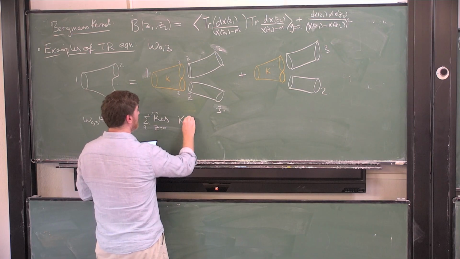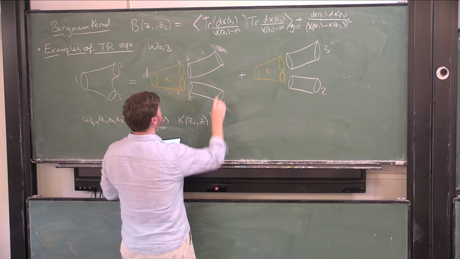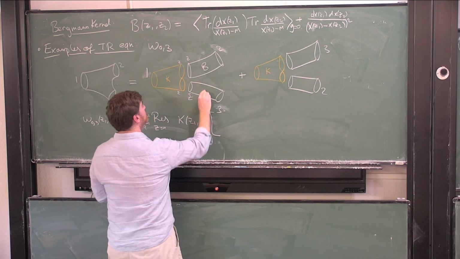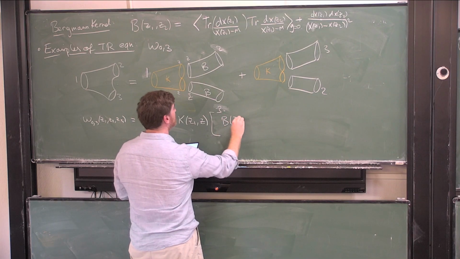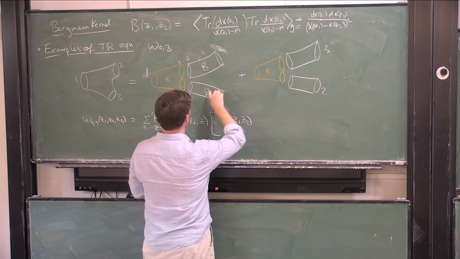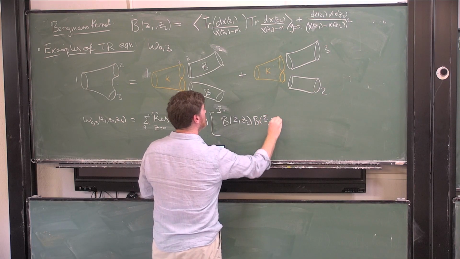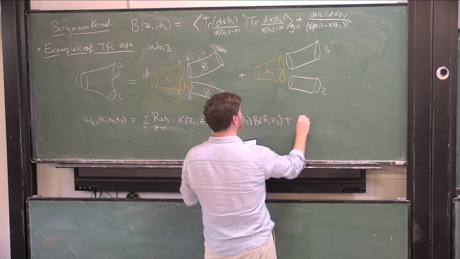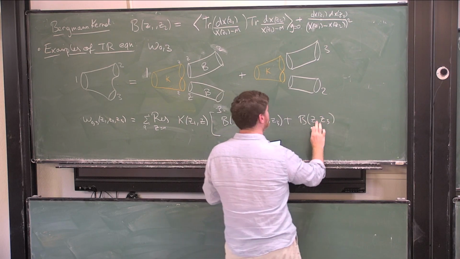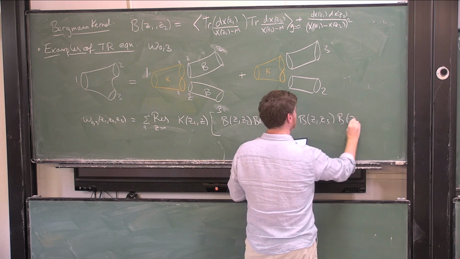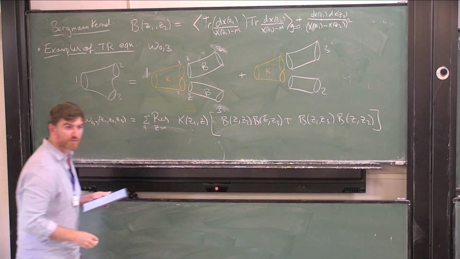Z1, Z. And now here this is this Bergman kernel B. Okay, so W02, B of ZZ2, B of Z, plus the symmetrized scatter. That's our first little example.